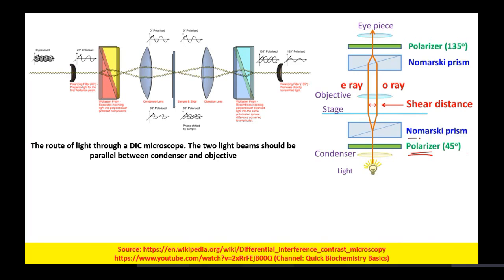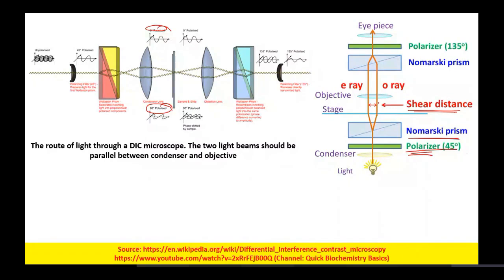Then it passes through the Nomarski prism, which divides the 45-degree polarized light into 0-degree and 90-degree polarized light, with a shear difference and phase difference.